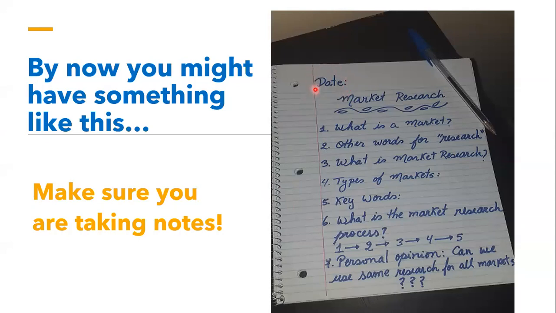Write down the date. This is the title of the class. And these are my personal notes. This is my handwriting. Make sure you have your notes to study later. Anyway, you can watch the video whenever you want, but it's much better if you take your own notes.